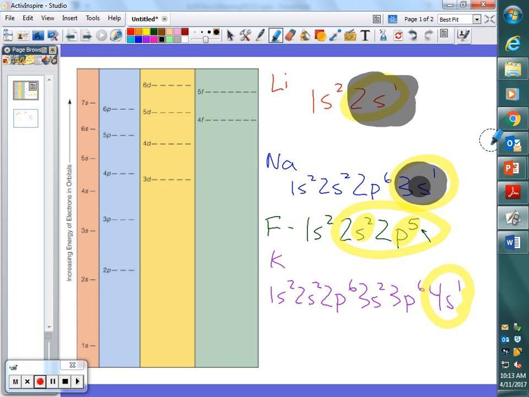But the 2 electrons we're talking about are in which orbital? 1s. Are there any 1p orbitals? Nope. Right? Is the first energy level full now? Yes. So lithium is stable with only 2 valence electrons because it has a full level.